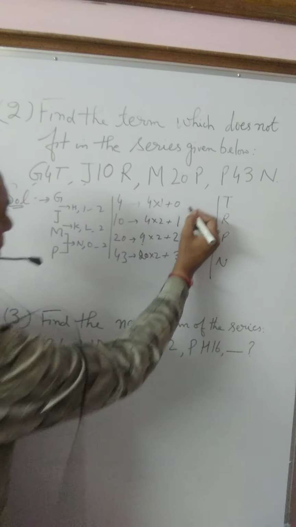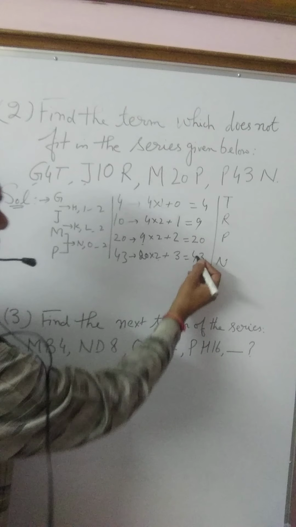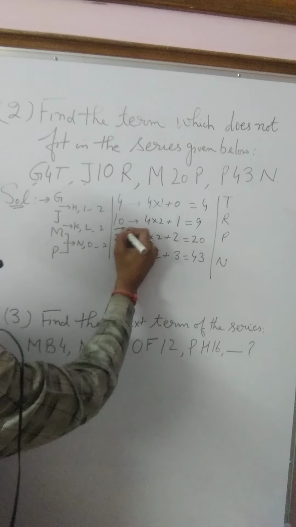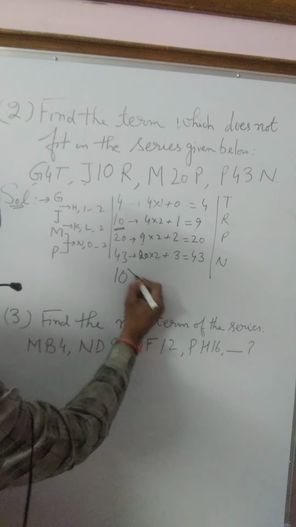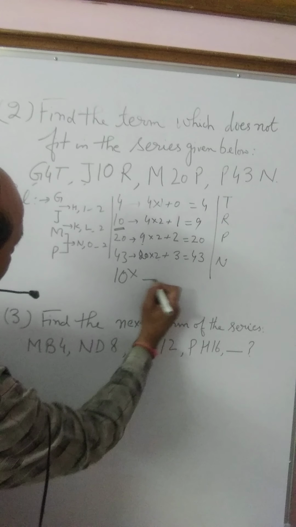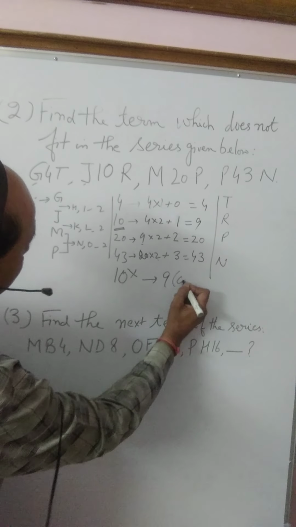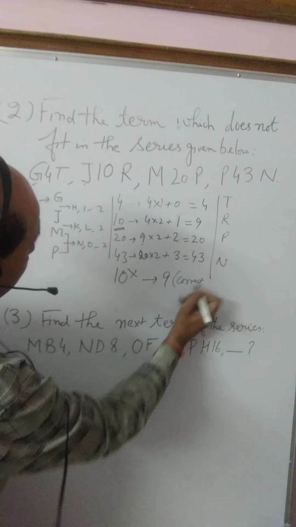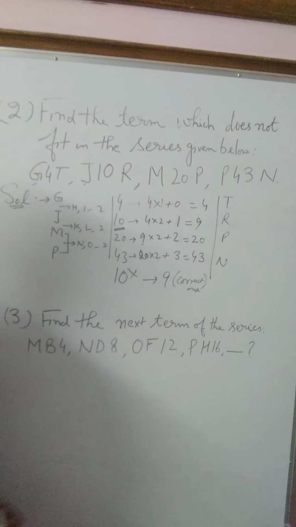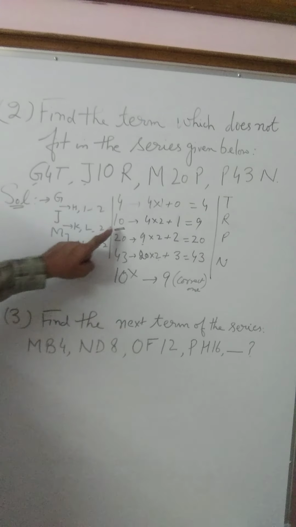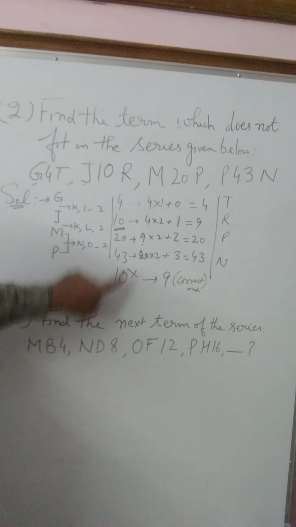Here it is 4. So the mistake somewhere lies between the second concept, that is 10. So here instead of 10 we should have 9. Correct. So instead of 10 we should have 9. So the mistake is somewhere in 10 in the numeric part.